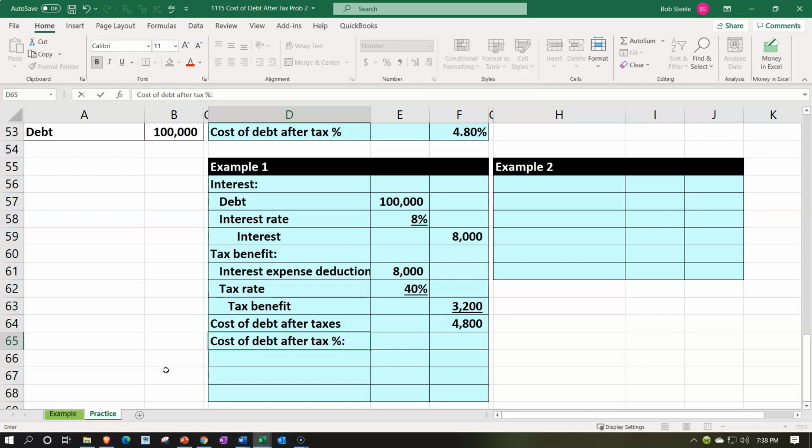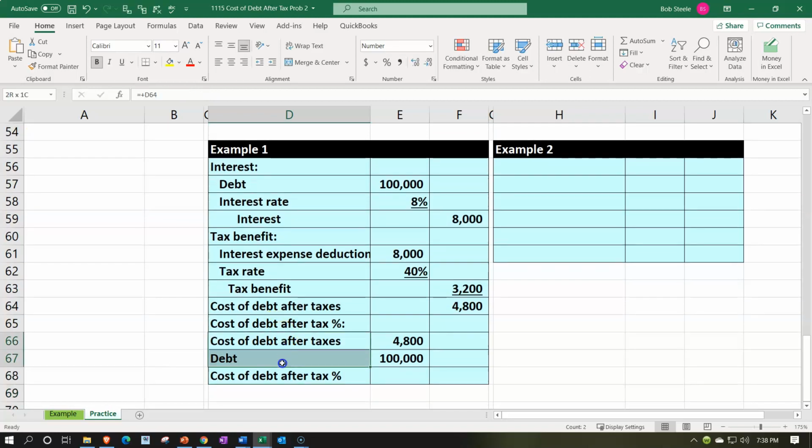This is useful because it's often useful to compare to other things as a percent. So let's pick up the cost of debt after taxes, which is the 4,800, and compare that to the debt, meaning divide. That's what compare typically means. That's going to give us the cost of debt after tax percent, I'm going to call it.